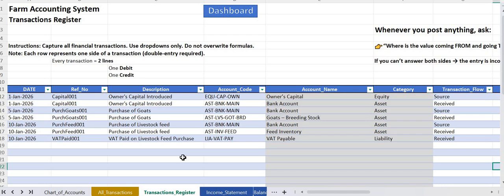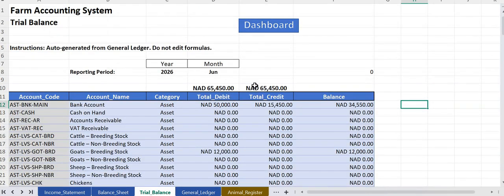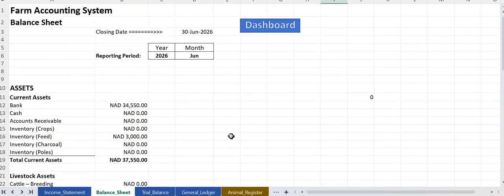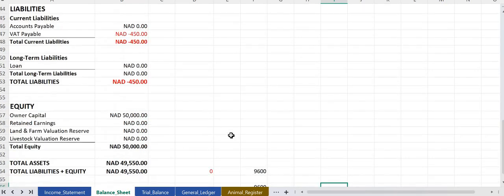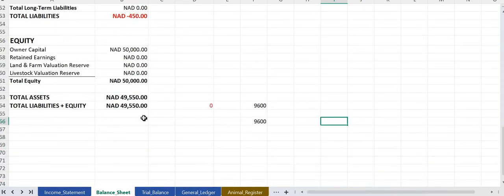All right. Let's quickly take a peep at our financial statements, so that we can see whether we are still in balance. Let's start with the trial balance. Okay, the trial balance is balancing well, and the balance sheet, which is usually a headache, also balances well. Don't worry about these numbers.